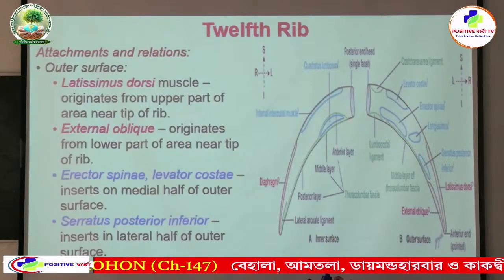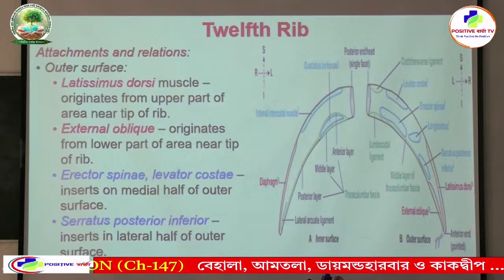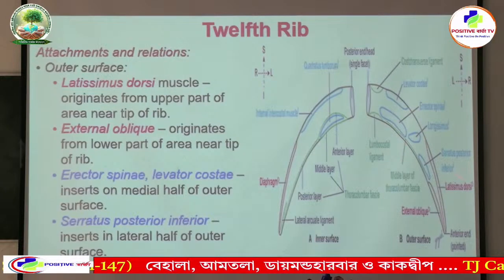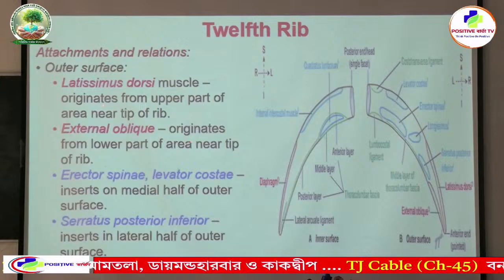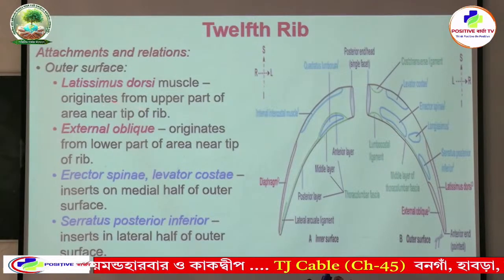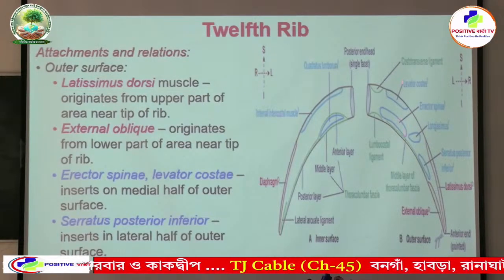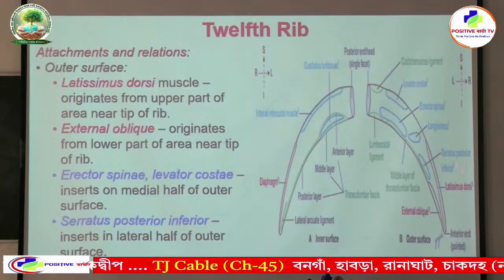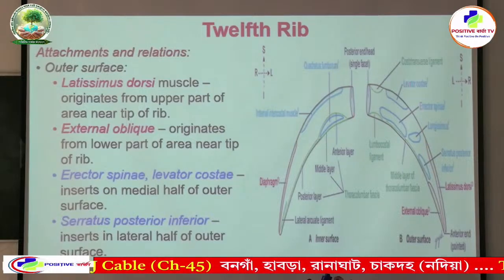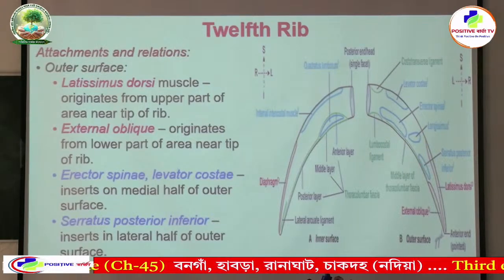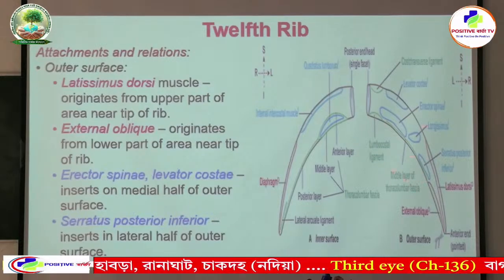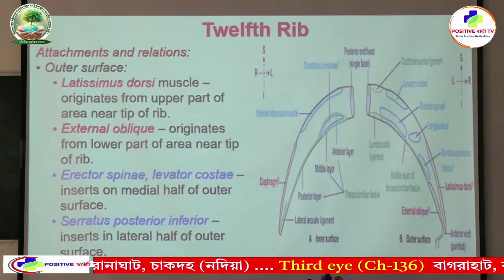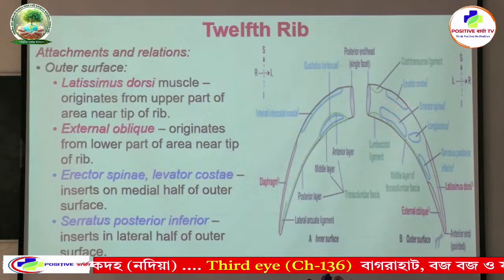This is we are viewing from the inner surface, and this is the outer surface. So you see the attachments on the outer surface. Here is attachment of latissimus dorsi, external oblique, serratus posterior inferior, longissimus thoracis, erector spinae, levator costae.